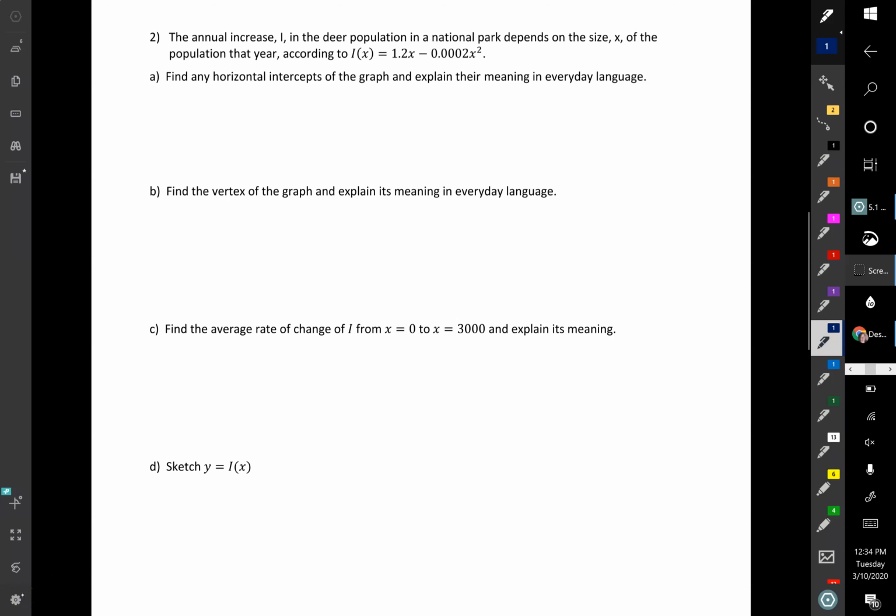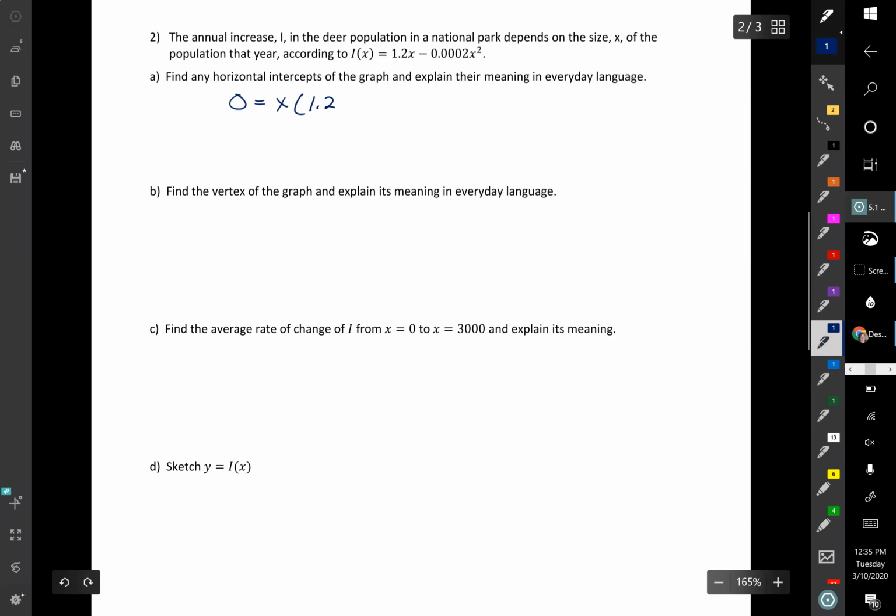Okay, so we have any horizontal intercepts of the graph that we want to find and explain their meaning in everyday language. So this one actually factors out pretty nicely. We're just going to set I of x equal to 0, because that would give us our x-intercepts, and we're going to factor out an x.